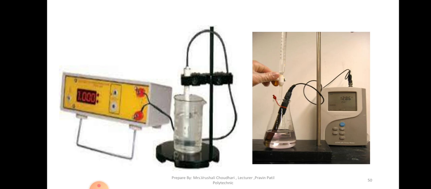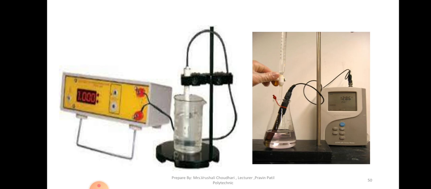This is the practical setup of the experiment. Here we are going to take a conical flask and add the burette solution drop-wise. Initially, when only the weak acid is present, we get low conductance.